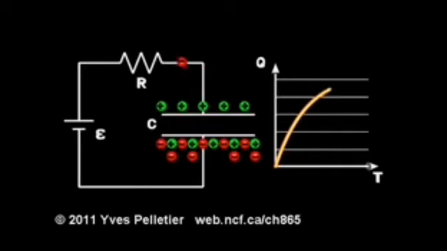You can also notice that as time increases, the speed of the charges in the wires decreases. Therefore, the graph to the right becomes slower, and the slope of the graph becomes lower and lower as time increases.